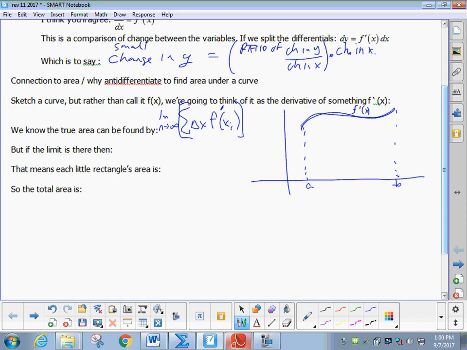Now, the thing is, we didn't just stop at one rectangle. We took the limit. And as we take infinitely many rectangles, instead of a defined gap in x, we take delta x infinitesimally small, and we need a clearer name. So let's call it dx.